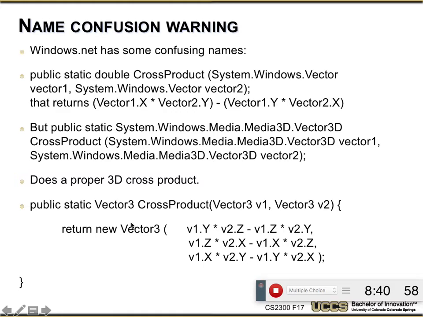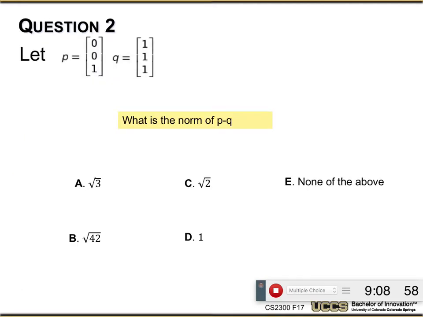So that's just a word of warning. If you accidentally declare a 2D vector and call a function called cross product, you will get an answer, and it will be a scalar, and it won't be the right thing. Whenever you do cross products of vectors, the answer is always a vector. But we had some students last semester who did that in their programming assignment, and they got very confused because it keeps giving a scalar. I didn't understand it for a while until I looked through the Windows documentation. I said, wow, that's convenient. Okay.